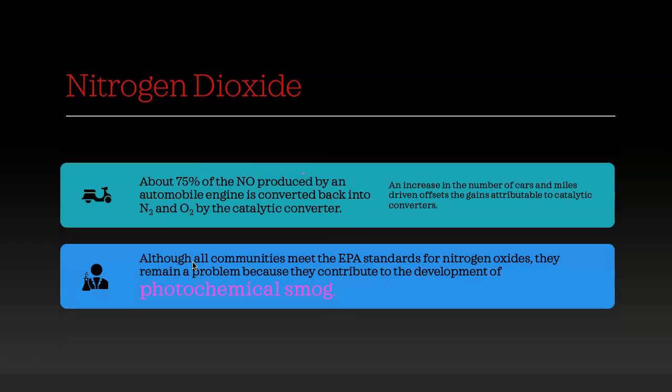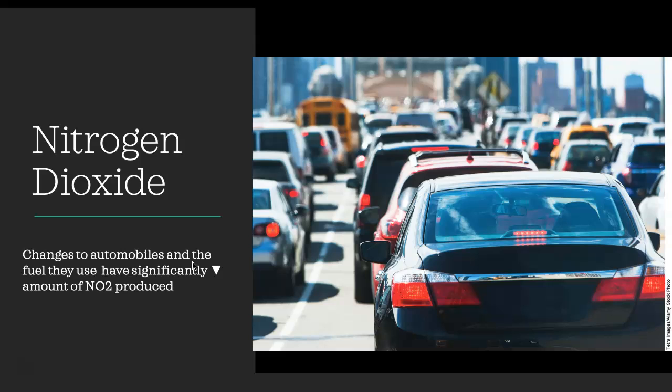And this is extremely bad because it contributes to photochemical smog. Changes to the automobiles and the fuel they use have significantly decreased the amount of this produced. This is why the control of emissions from motor vehicles is very important for our air quality.